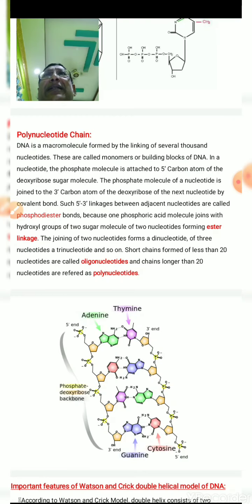In a nucleotide, the phosphate molecule is attached to the 5' carbon atom of the deoxyribose sugar, or the 3' carbon atom. The phosphate molecule of a nucleotide is joined by the 3' carbon atom of deoxyribose to the next nucleotide at the 5'. Such 5'-3' linkage between adjacent nucleotides is known as a phosphodiester bond, because one phosphoric acid molecule joins to the hydroxyl group of the sugar molecule by ester linkage.